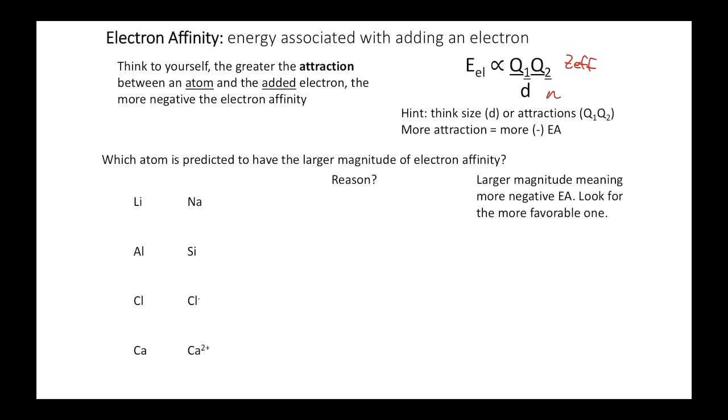Meaning, in which atom is it more favorable to put an electron? I'm looking for which is the more negative number. So the first one: lithium versus sodium. In which scenario do we get more energy out to put an electron on, lithium or sodium? Why?